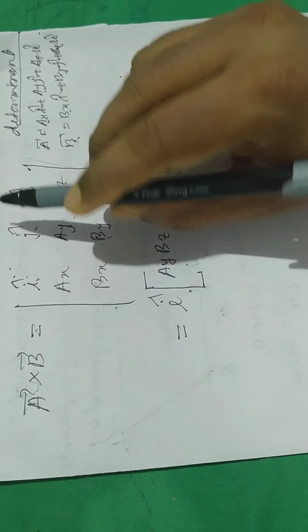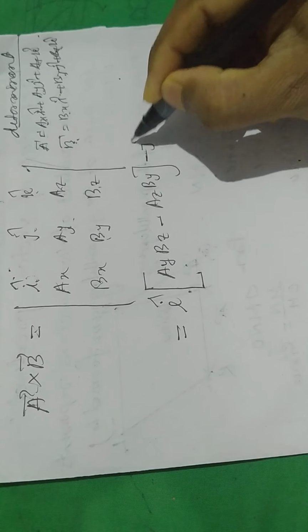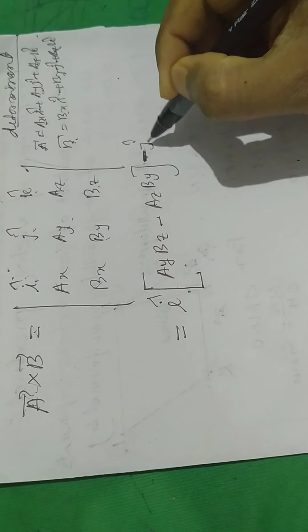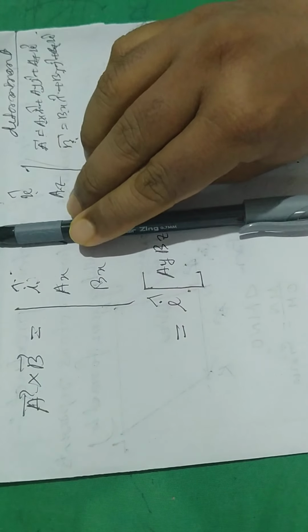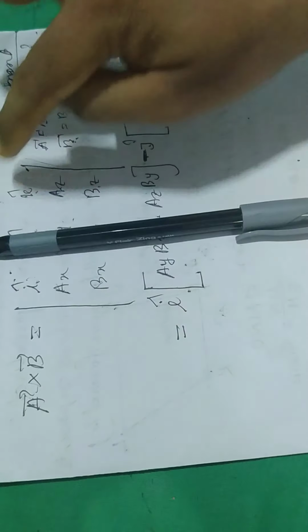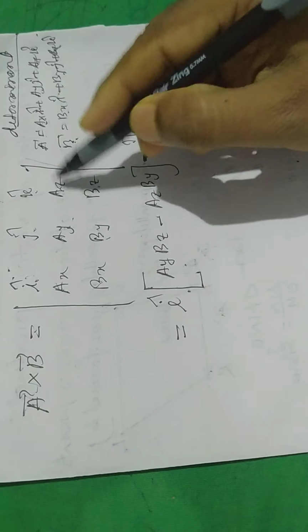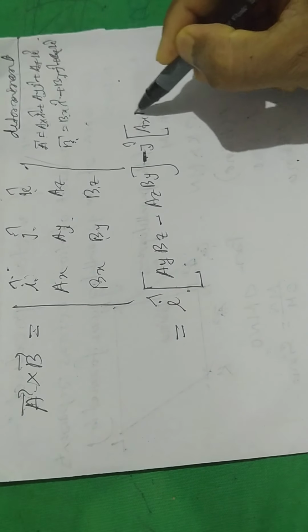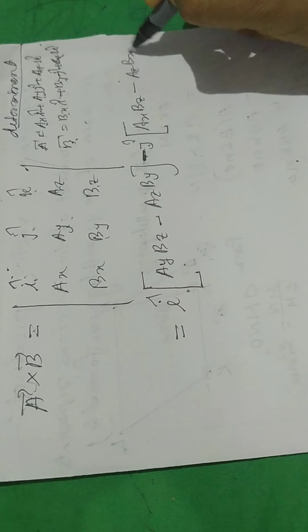Now move to the second column. Second column, unit vector J cap, put minus J cap. If you put plus, then the direction becomes wrong. Better to write minus J cap. Then leaving the second column and first row, AX, AZ, BX, BZ: AX BZ minus AZ BX.